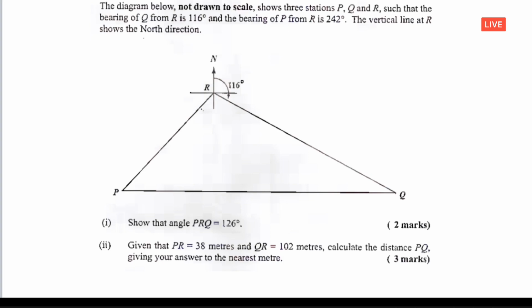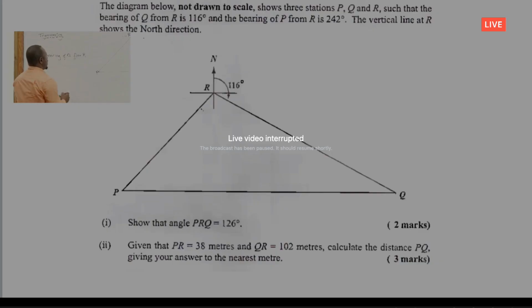So the second question shows, again, a non-right angle triangle. They are telling us that there are three stations, P, Q and R, such that the bearing of Q from R. I like to highlight where it says from, okay?